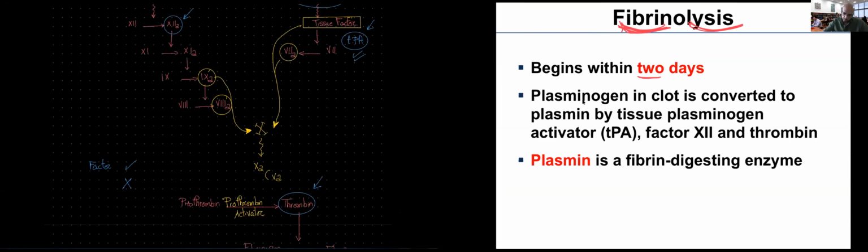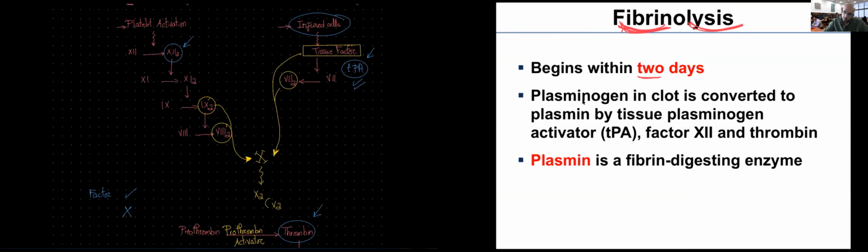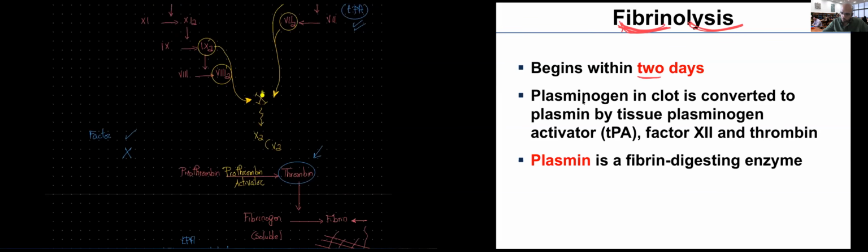Again, my question: we have seen intrinsic pathways that allow the formation of a blood clot. We've seen the extrinsic pathway also allows the formation of a blood clot, and both of them are going to meet and form the blood clot through the common pathway.